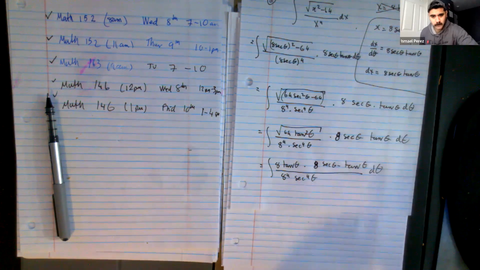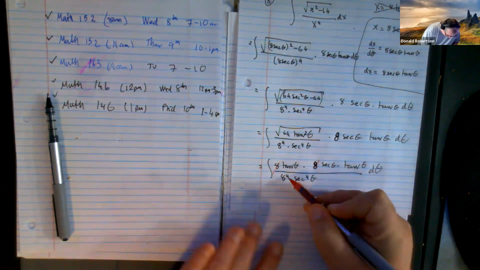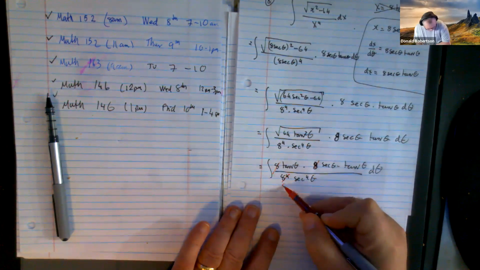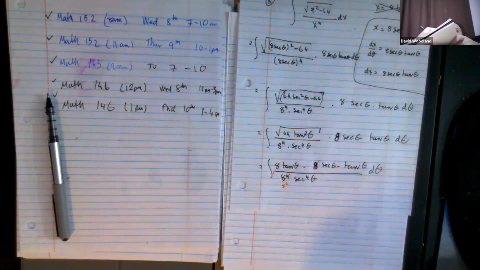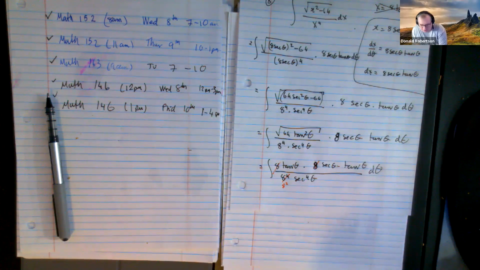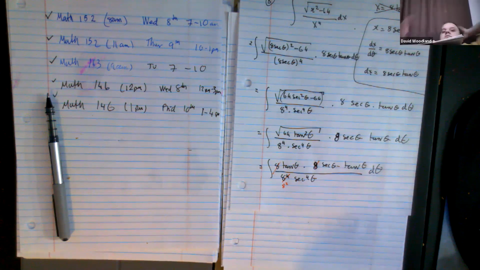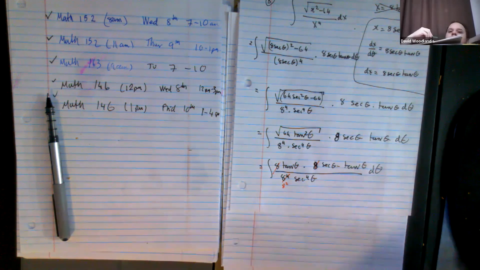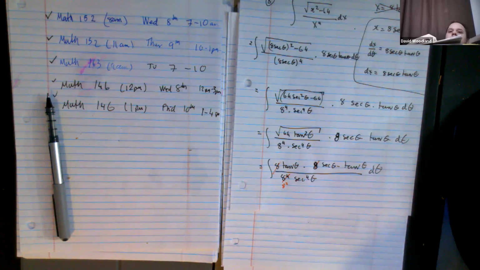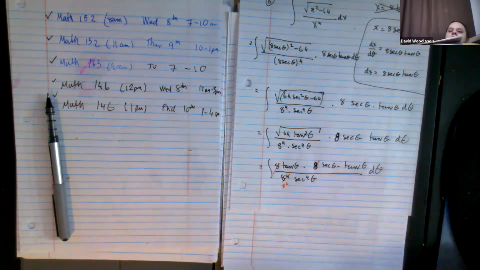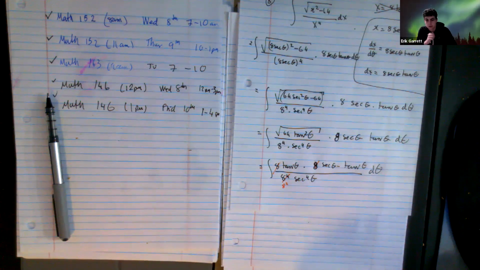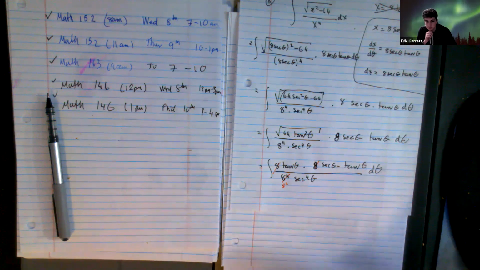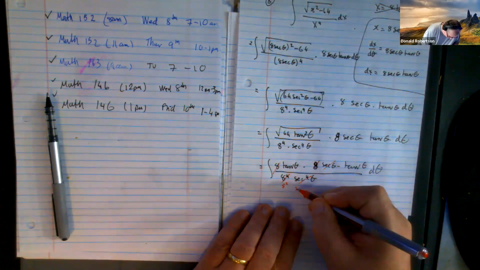Okay, so that 8 and that 8 cancel out, then won't that leave you with 8 squared? Is there anything else on the top and bottom that we could cancel right now? Turn secant to the 4th to secant to the 3rd. Okay, so cancel a secant.